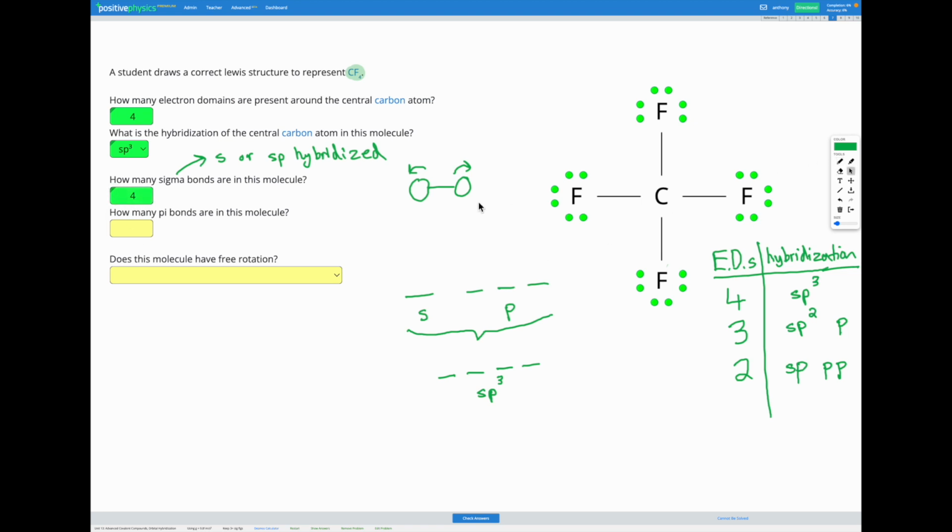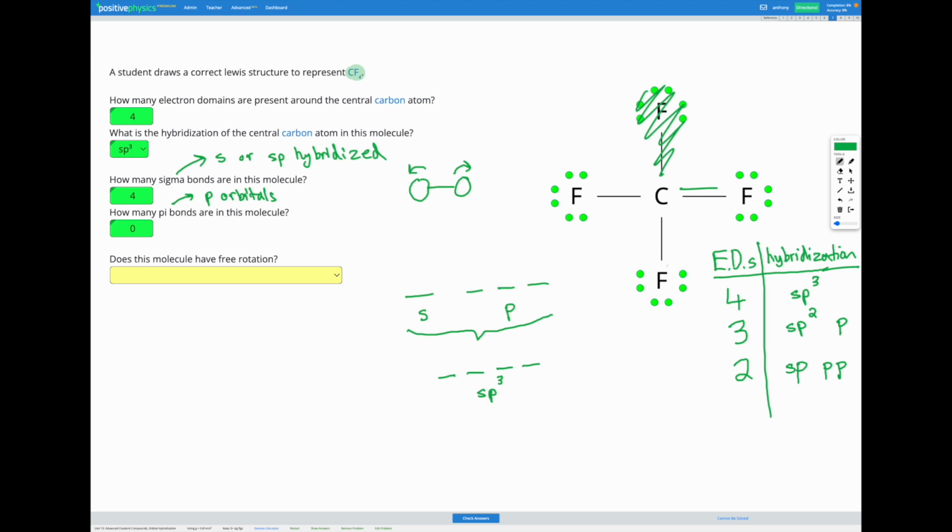And here we have 0 pi bonds because pi bonds are made from p orbitals, and pi bonds occur in double and triple bonds. So since we only have single bonds here, we only have sigma bonds. If instead this one wasn't here and we had a double bond, we'd have 3 sigma bonds, and also a pi bond because of that double bond.